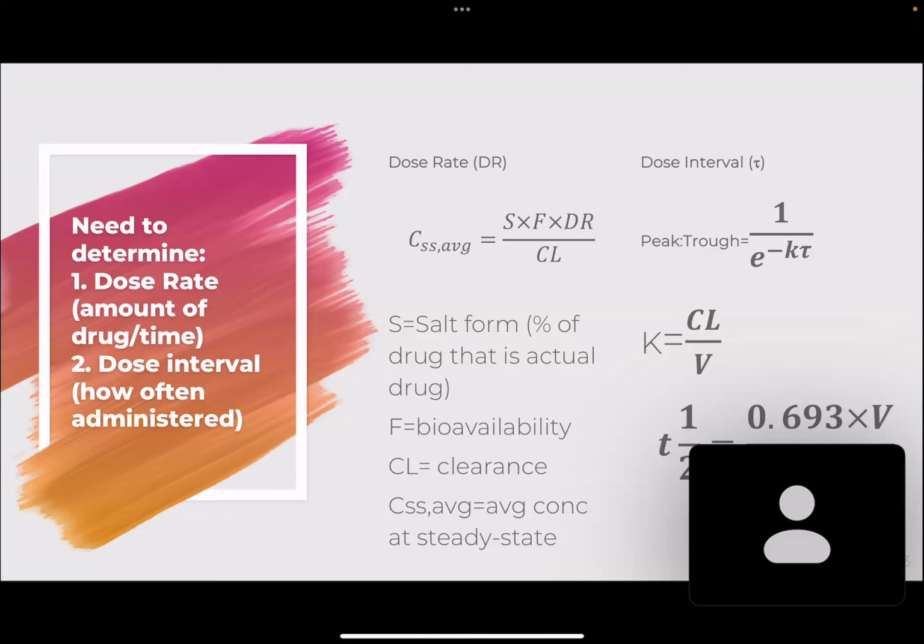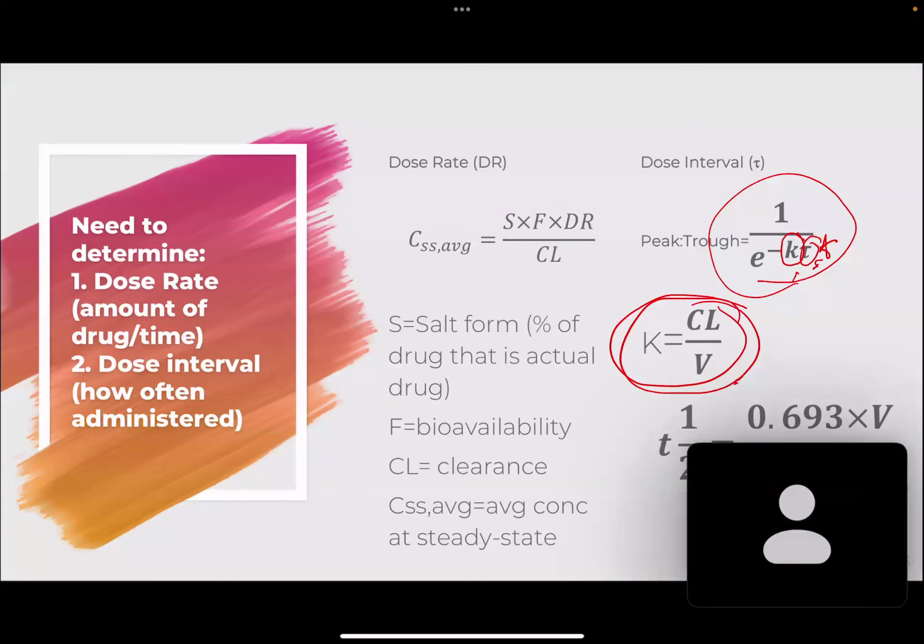The dose interval, on the other hand, is determined by the peak to trough ratio. And the two terms here that we see are K and tau. We control tau, and K is determined by clearance over volume. So the peak to trough ratio will really be determined by how often we give the drug and the clearance and the volume.